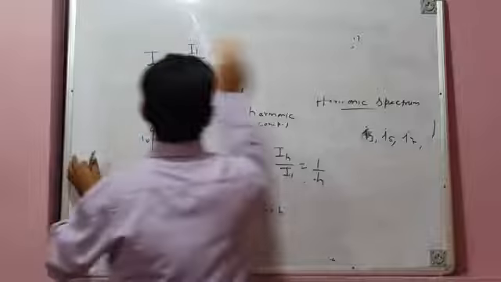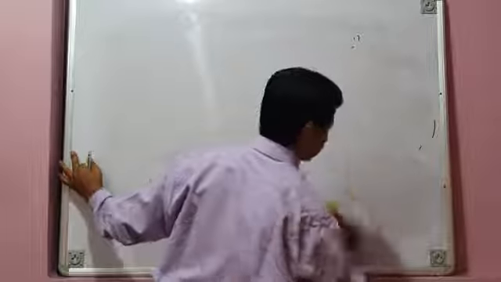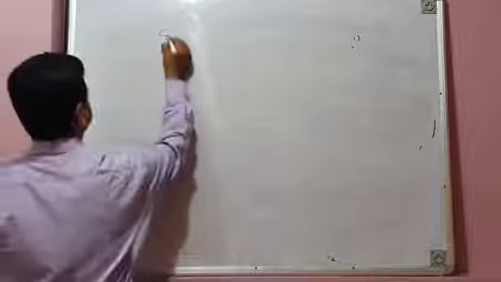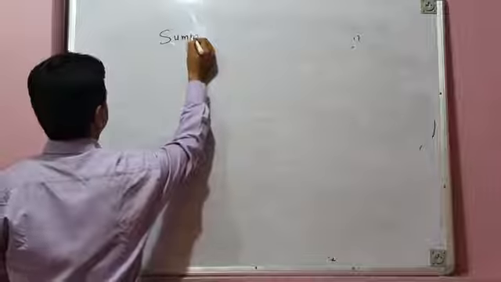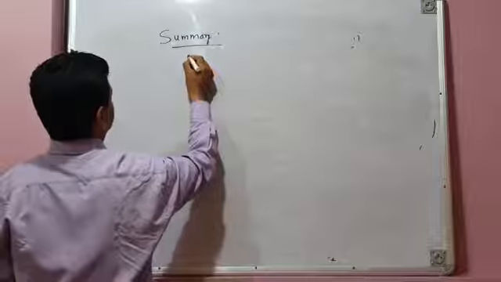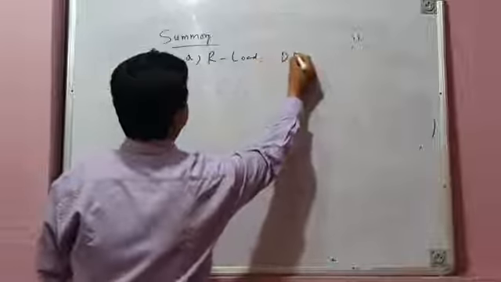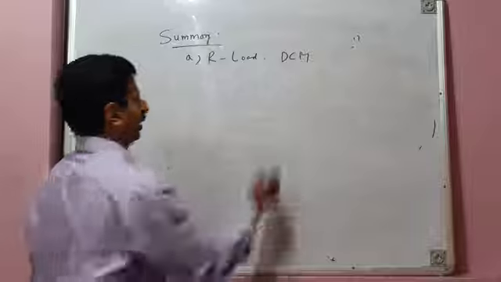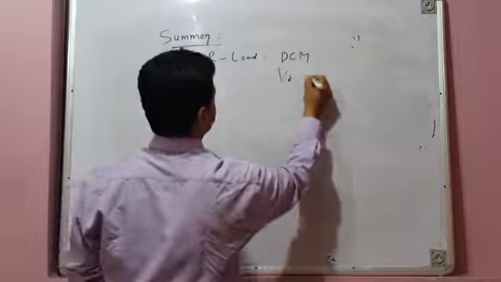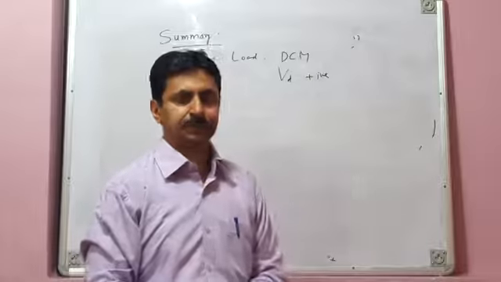Let us summarize what we have seen. Summary. A purely resistive load results in discontinuous conduction mode of operation, and average load voltage will always be positive. That means there is always flow of power from source to load.